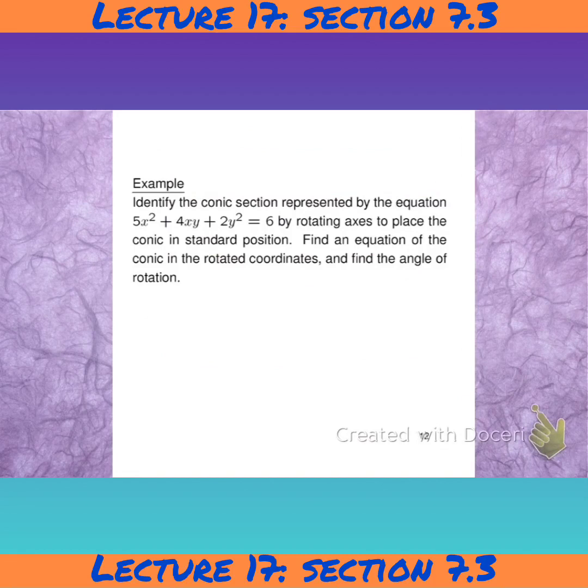So perhaps it's good to just look at an example. Here they ask us to identify the conic section represented by this particular equation by rotating axes to place the conic in standard position. Then we're asked to find an equation of the conic in rotated coordinates and find the angle of rotation.